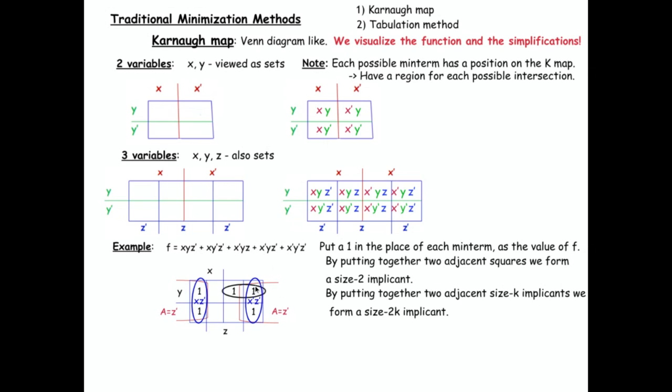So this particular one in the top right corner is part of both A and whatever I'm going to call this one in a second. This one connects two squares of size 1 into an implicant of size 2. Whenever you make this union, the size doubles.